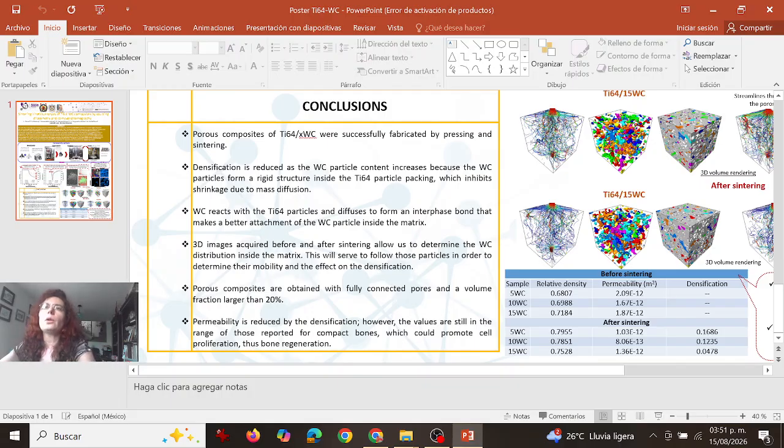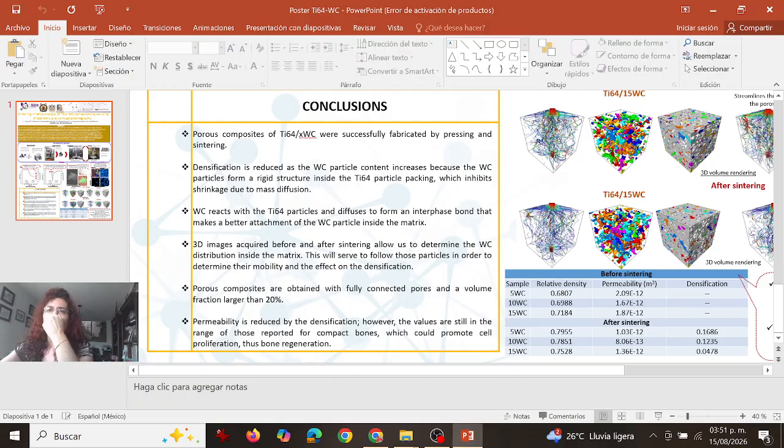So the porous composites of Titanium-64 with tungsten carbide particles were successfully fabricated by pressing and sintering. The densification is reduced as the WC particles content increases, because the WC particles form like a rigid structure inside the titanium-64 particle packing, which inhibits the shrinkage due to mass diffusion.